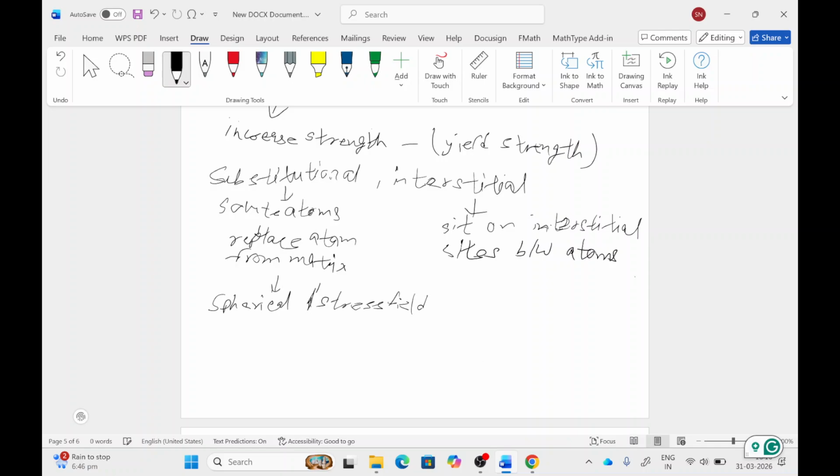While interstitial, as we know, the interstitial sites are generally known as octahedral and tetrahedral. The octahedral and tetrahedral sites are not symmetric in size, so they generate an asymmetric stress field.